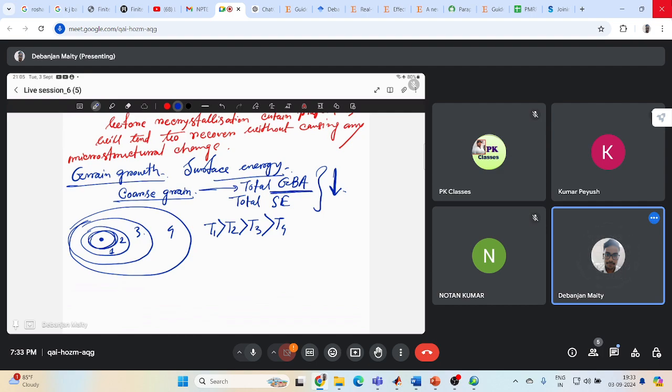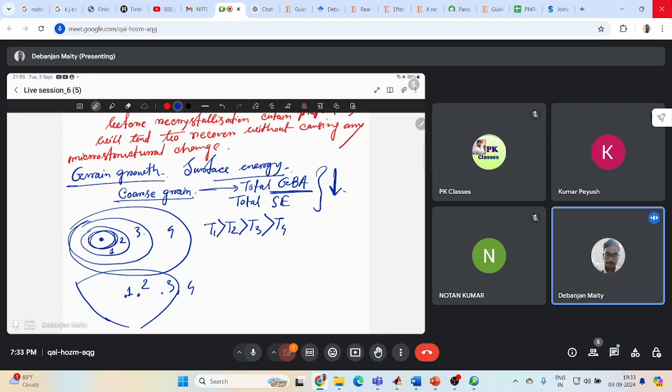Right? So let's say this is my heat affected zone, this is 1, this is 2, this is 3, and this is 4.